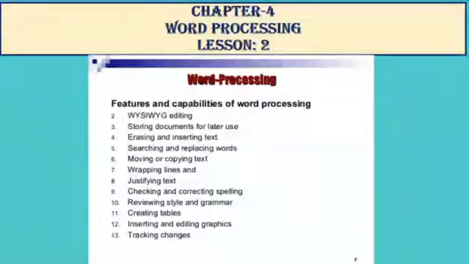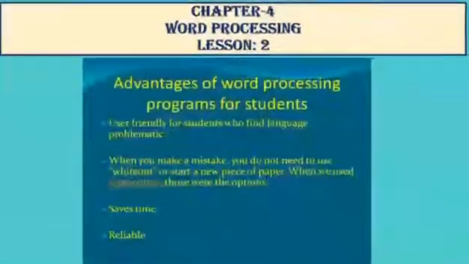Number 7, wrapping lines and justifying text. Number 9, checking and correcting spelling. Number 10, reviewing style and grammar. Number 11, creating tables. 12, inserting and editing graphics. 13, tracking changes.